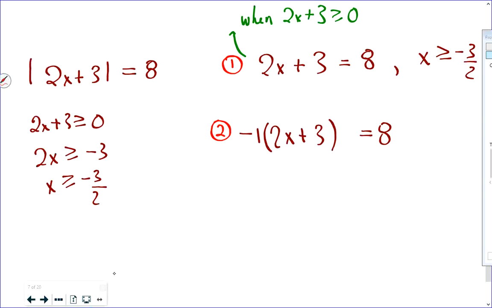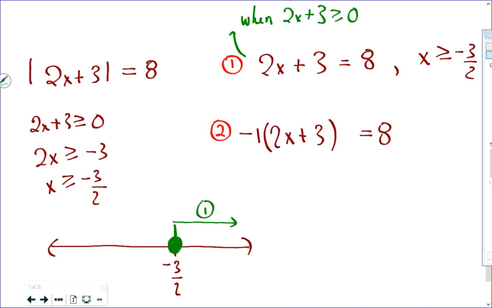This part on the left that says x is greater than or equal to negative 3 halves, on a number line, if I mark off negative 3 halves, what greater than or equal to negative 3 halves means is that. Are you with me? That's the set of values of x that we are allowed to consider for equation 1.